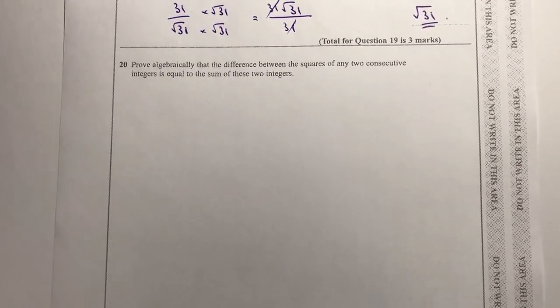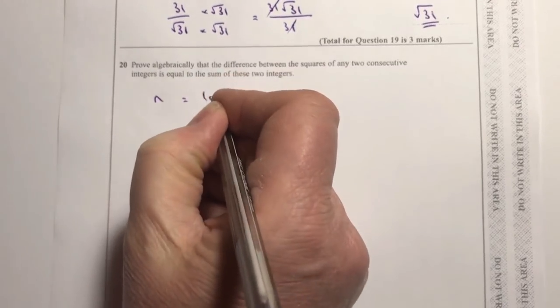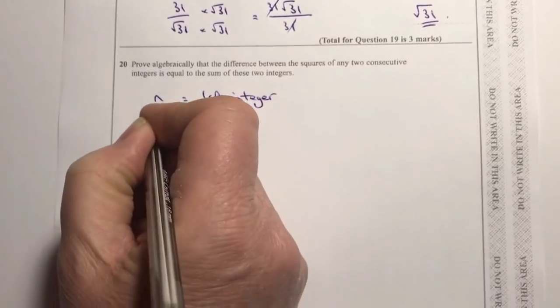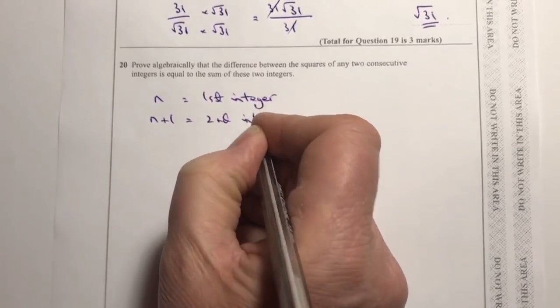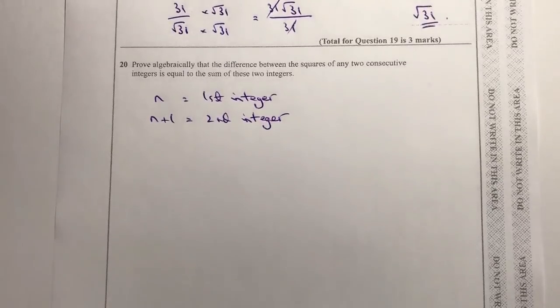We've got to prove algebraically that the difference between the squares of any two consecutive integers is equal to the sum of those two integers. Alrighty. Looks awful when you first read it, but actually it's all right. It's not too bad. What we're saying is that n equals the first integer, or the first whole number. So the second whole number, n plus 1, is the second integer. And then basically it's a matter of following the text.